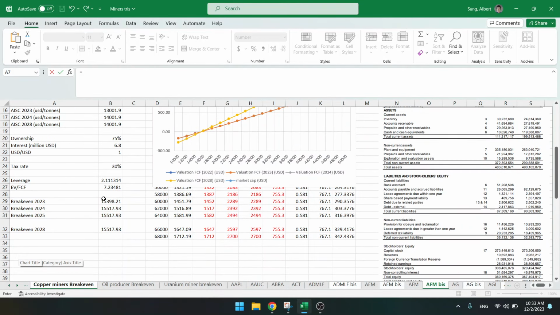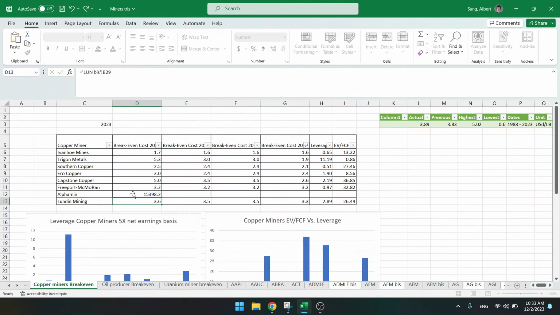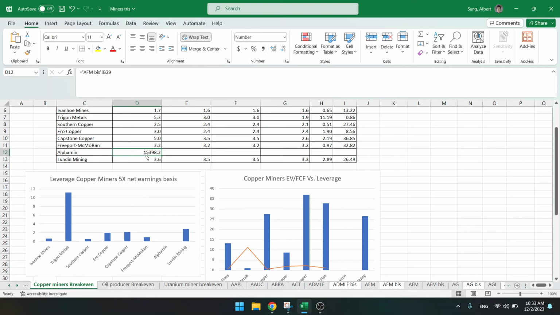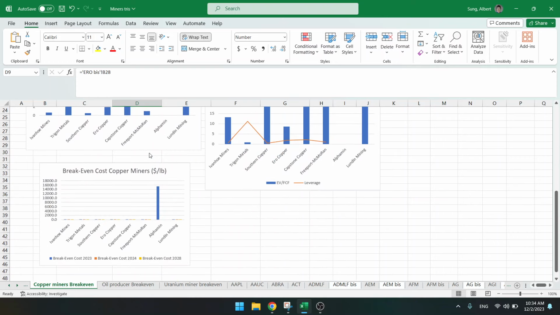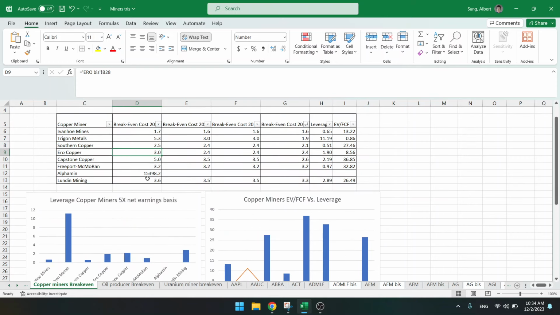Break even is this number. Yeah, that's not going to work actually, because this is 15,000. These are just $3 per pound. I cannot add it here. I'm sorry.